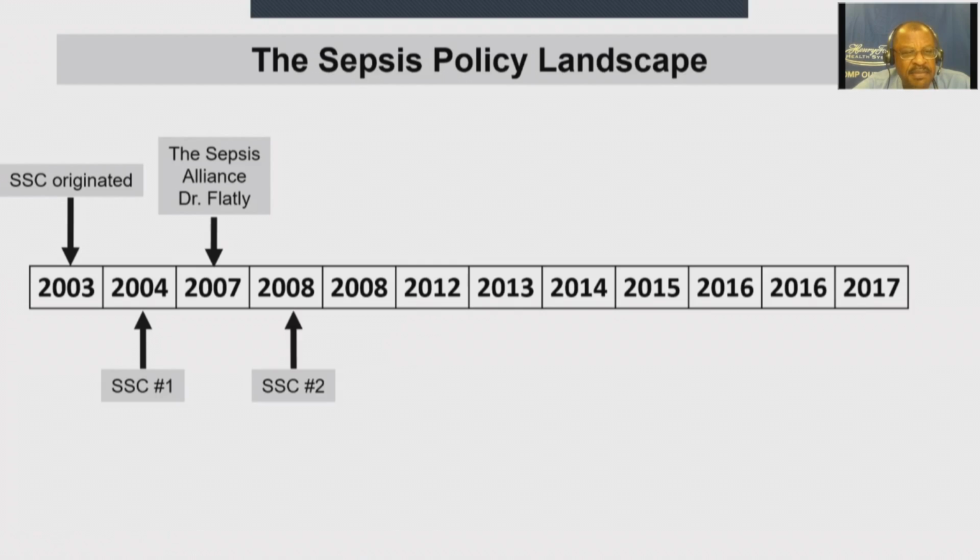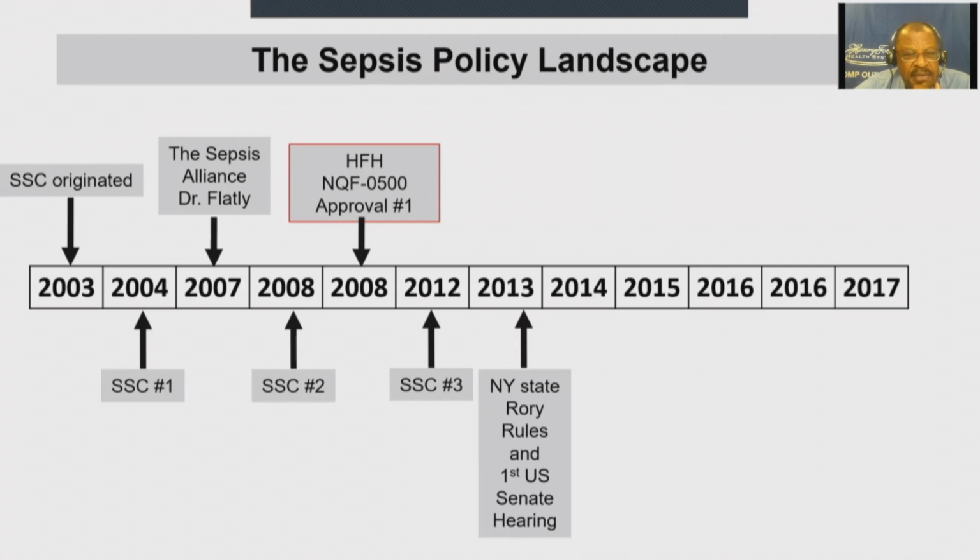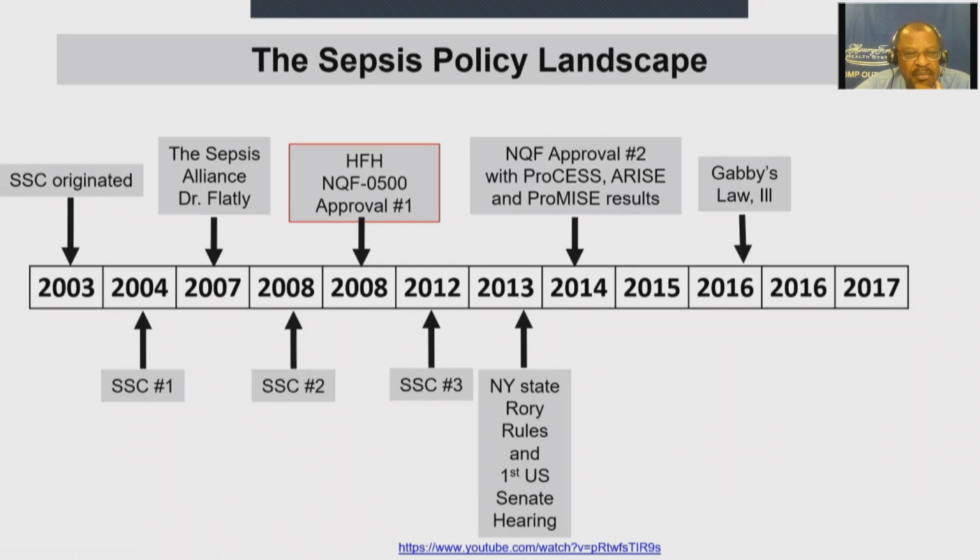There was a Sepsis Alliance by Dr. Flatley, followed by the first sepsis measure sent to NQF in 2008, and subsequently followed by another Surviving Sepsis Campaign examination. And then New York State became the first state in the U.S. to actually establish statewide protocols for sepsis care. And subsequently, other states became involved.